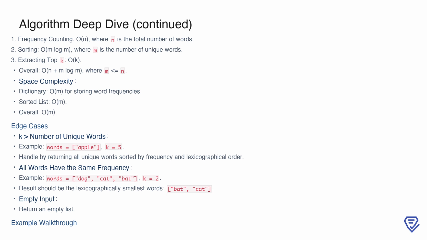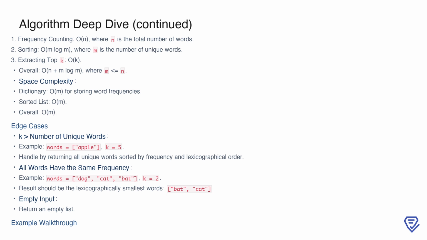Finally, extracting the top k words is an O(k) operation. Combining these, the total time complexity becomes O(n + m log m). In terms of space complexity, the dictionary used for storing word frequencies requires O(m) space, and the sorted list also takes O(m) space. Thus, the overall space complexity is O(m).